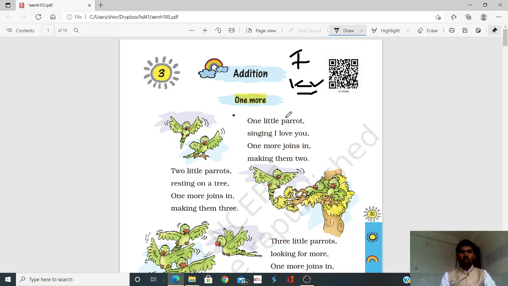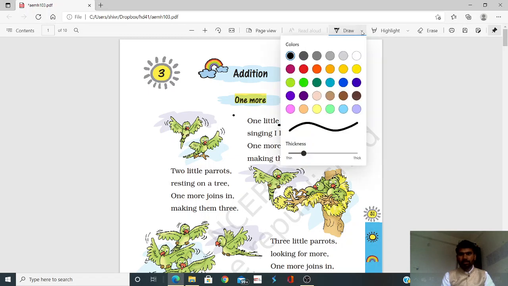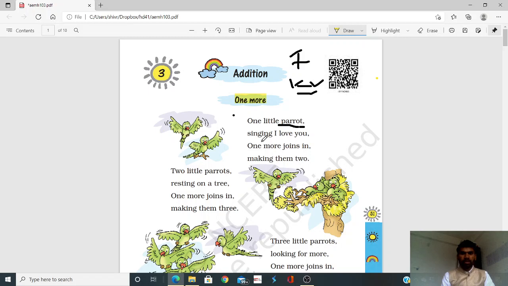Now we are going to read the first para. One little parrot, one little parrot singing I love you. One more joins in, making them two.